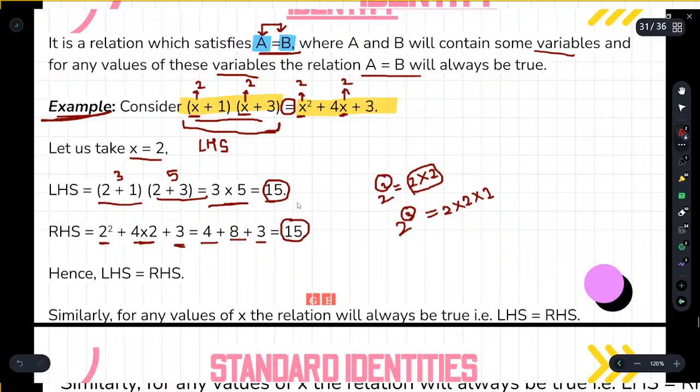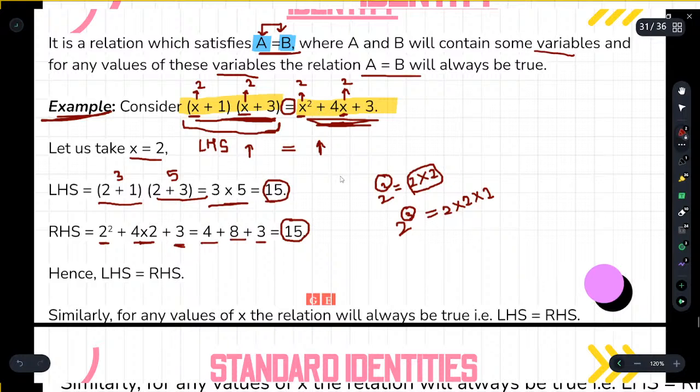What does it say? That this expression is equal to this expression, right? If I keep any value of x, if I keep it as 3, if I keep it as 5, if I keep it as 1000 or any number, I will always get this side equal to this side.